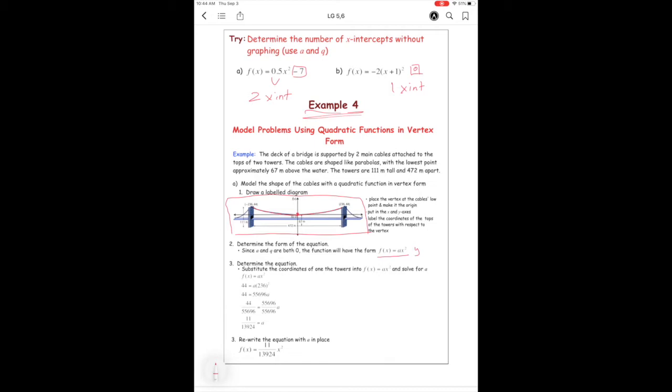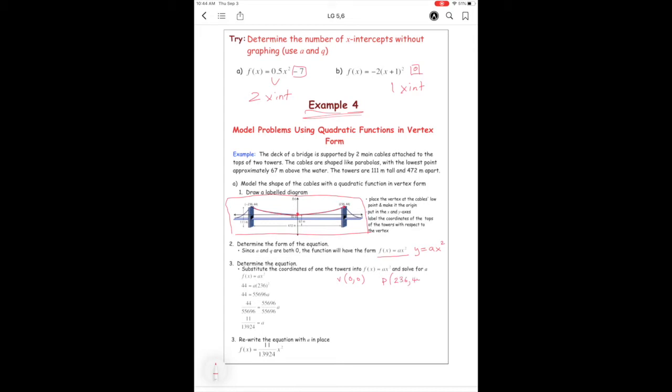So now we use this basic formula. Y equals, because you don't have to use f of x, because if the origin is 0, 0, there's no p and no q. Now we're going to plug in what we know. Remember, you have to get a point to plug into the equation. Remember we did earlier, the vertex is 0, 0, and the point is out here.